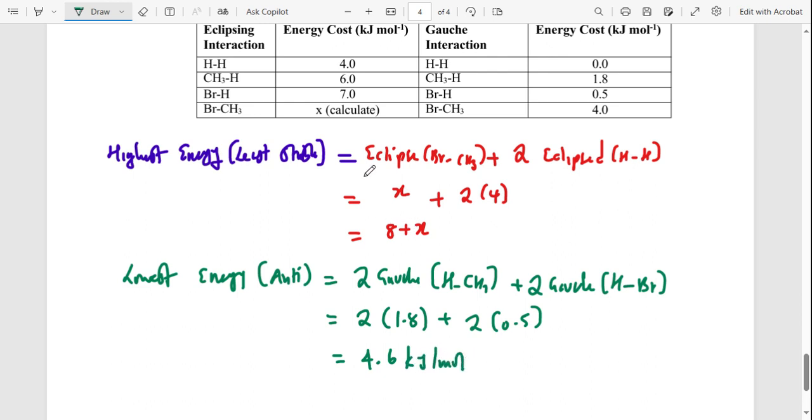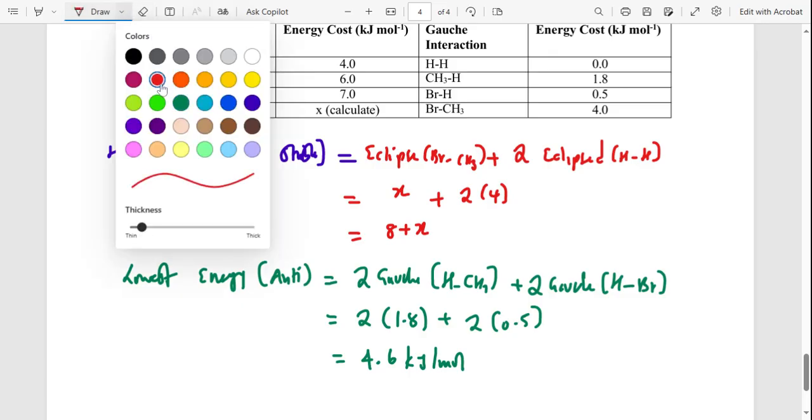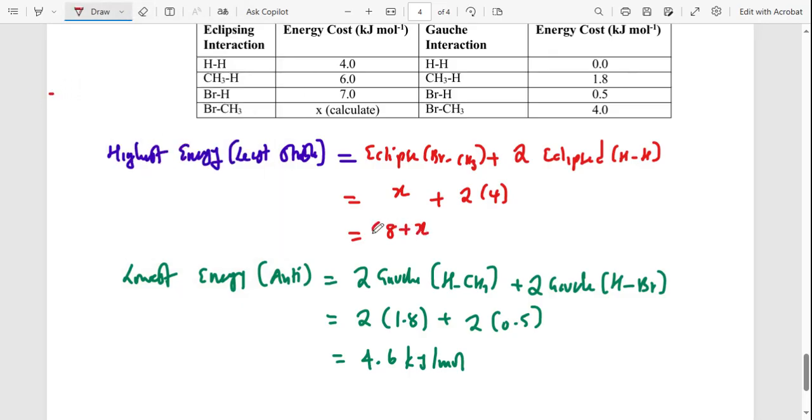That's also the same way with this one that's written on top. That energy is in kilojoules per mole. Just as I told you on chairs, remember the product is always the stable structure. Okay, I hope that makes sense.